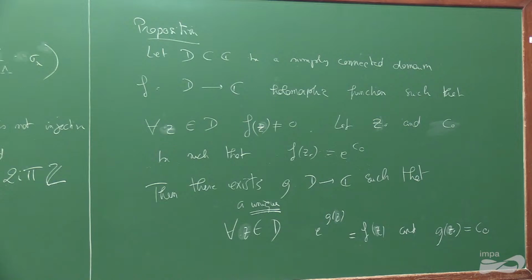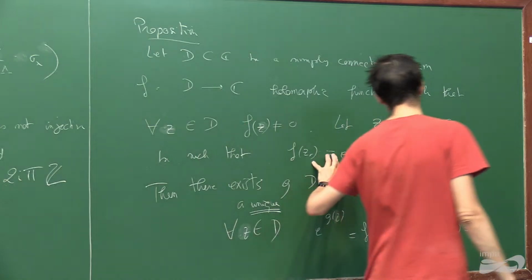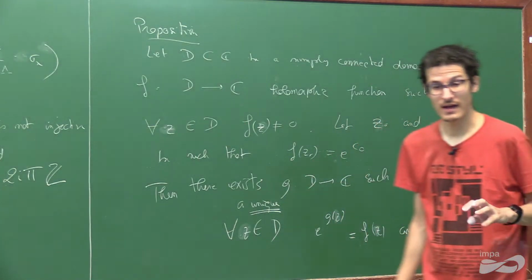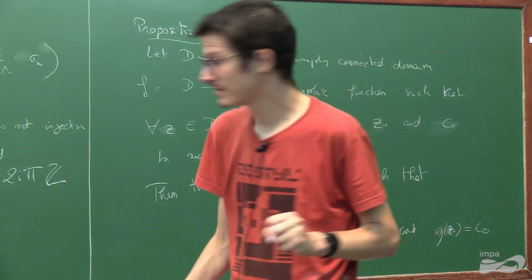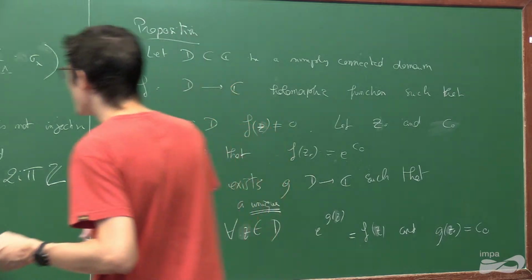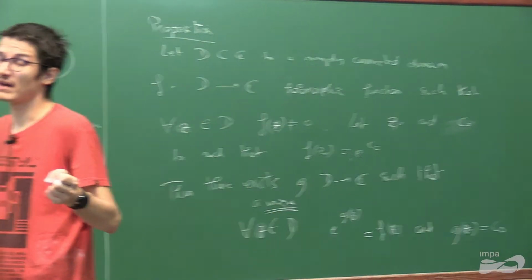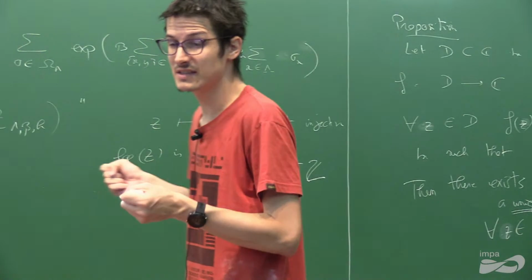Naively, this is something you can always do. If you fix a value at some point, you know that log of f of z is defined modulo 2iπZ.